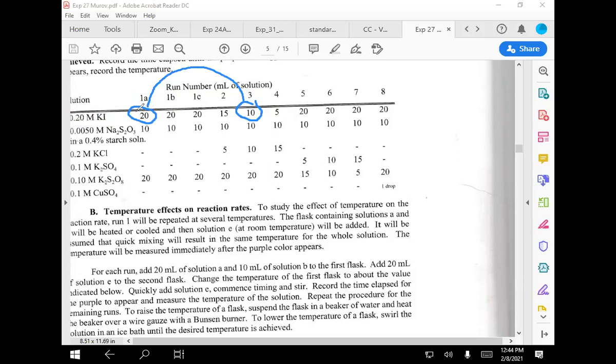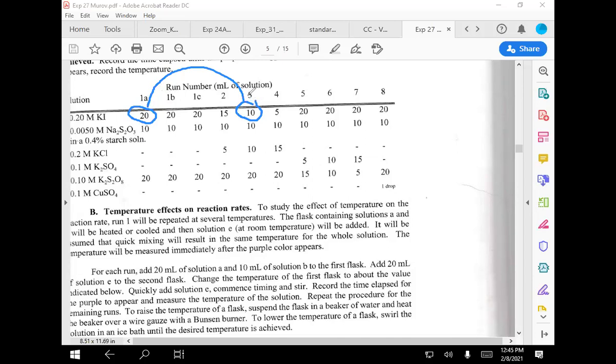If you look at the amount of iodide in test tube 1 compared to the amount of iodide in test tube 3, test tube 1 has twice as much. There's twice as much iodide in test tube 1A as there is in test tube 3.